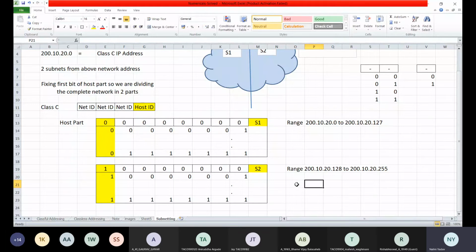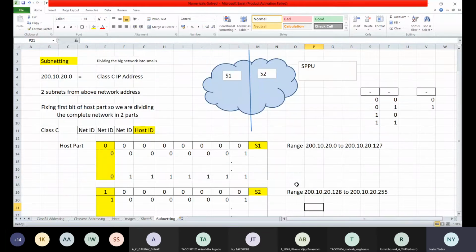I hope these networks are clear to all of you. How my complete network of 200.10.20.0 of class C is divided into 2 different subnets. To divide it into 2 different parts, as I require only 2 parts, I will be fixing just a single bit from the host ID.